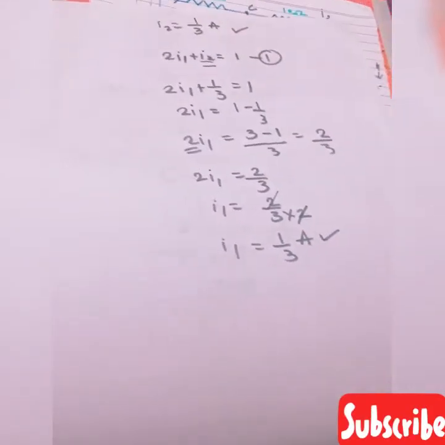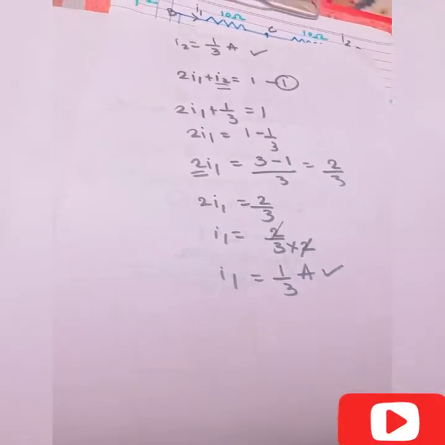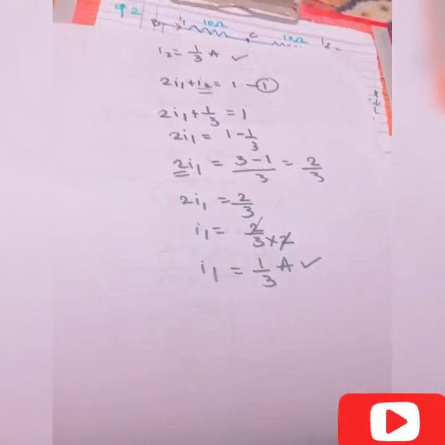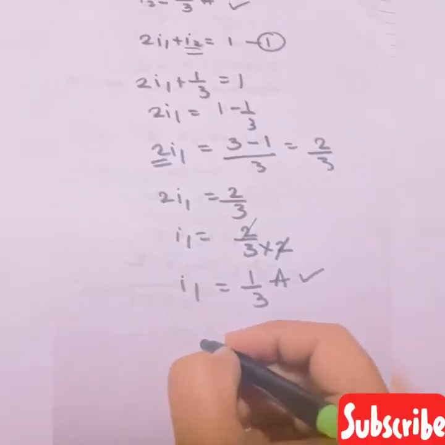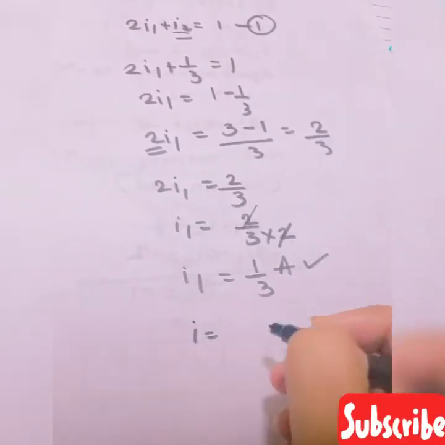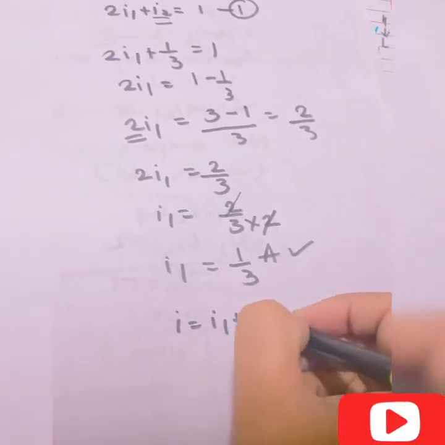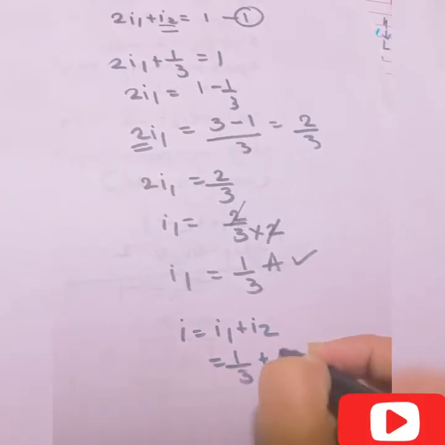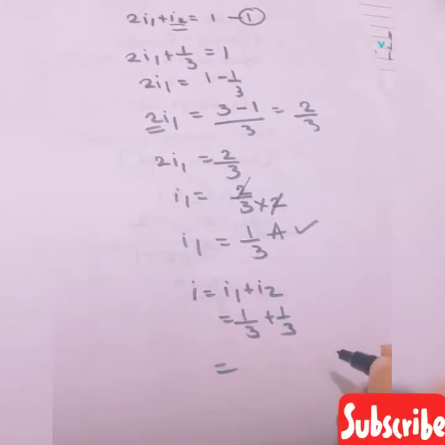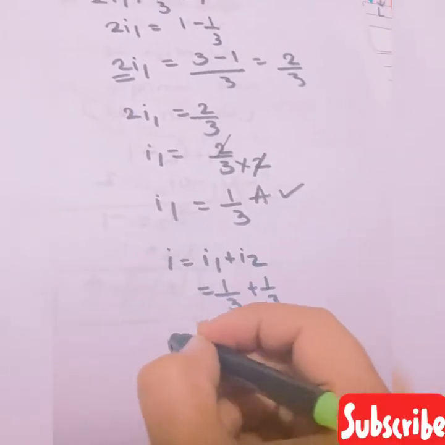Okay. And the total current you can find, I1 plus I2, but it is not asked. Still you can find it. Let's consider I is equal to I1 plus I2. You can add both the currents. So what will be the final value of current?